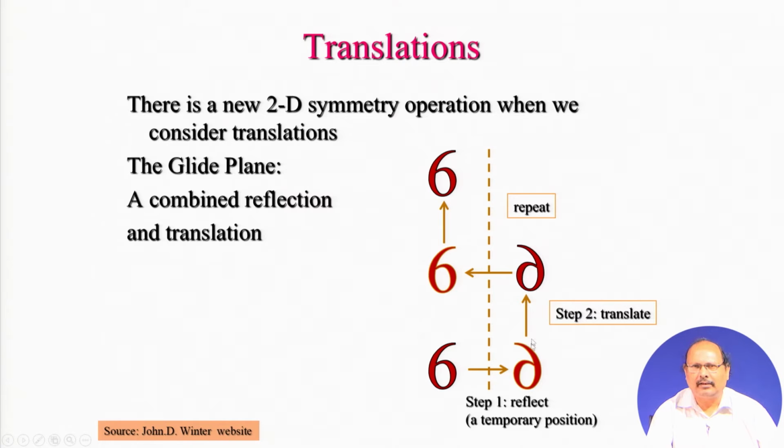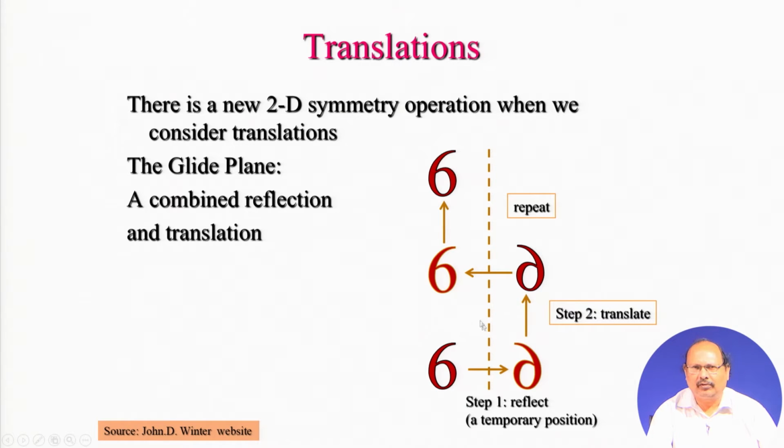Another set of reflection produces 6 again, and it is translated along this direction, which is half of the distance between this 6 and 6, and it produces the inverted image of 6, and another motif of 6 here.